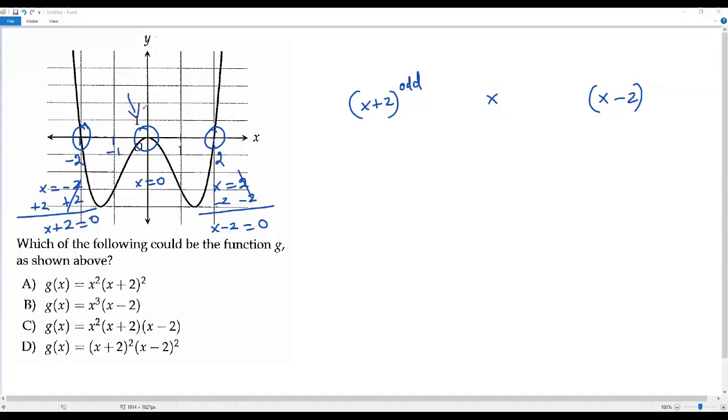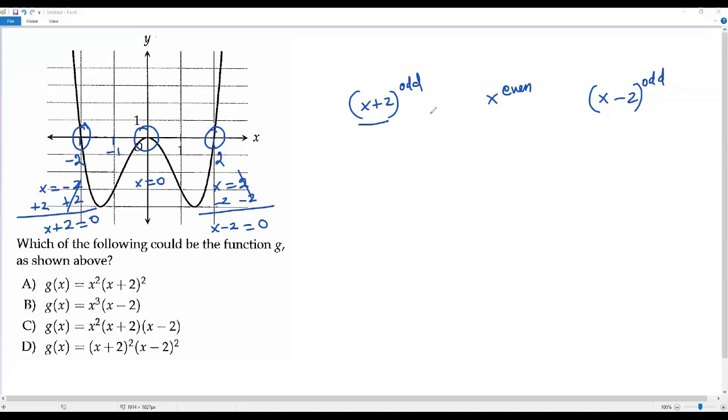Since the graph is just touching the x-axis, the corresponding factor x will have an even exponent. Let me write over here. And now let's consider the third x-intercept, that is 2. At this x-intercept, clearly the graph is crossing the x-axis. So the factor corresponding to this x-intercept will have an odd exponent again. So odd.